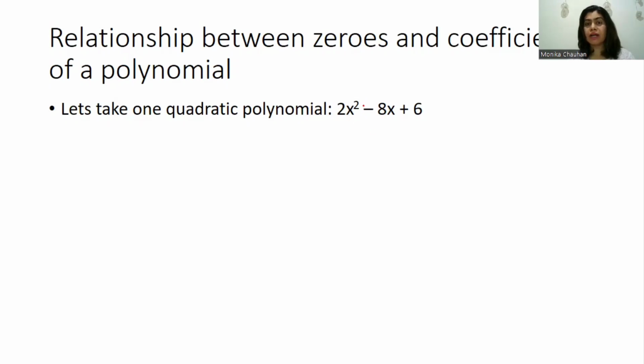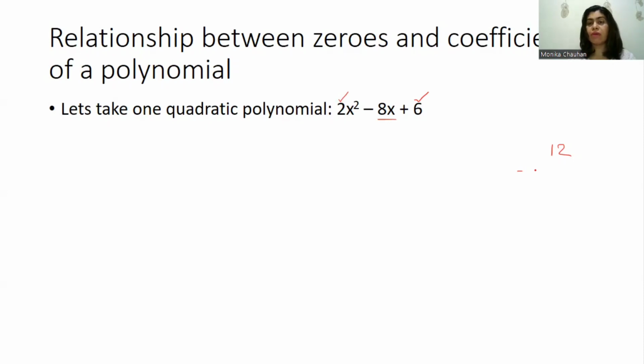The middle term here is minus 8x. How do we do that? First of all, for middle term splitting, you need the coefficient of x squared, which is 2, and the constant term 6. You multiply both. 2 and 6, what did you get? 12. That means you need two numbers such that their sum gives you minus 8 and their product gives you 12.